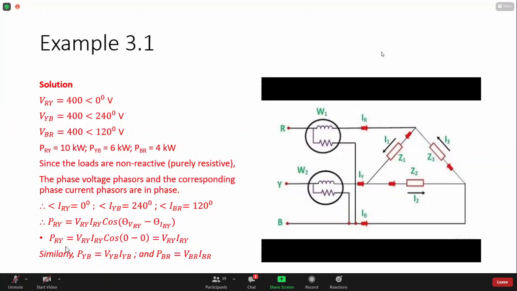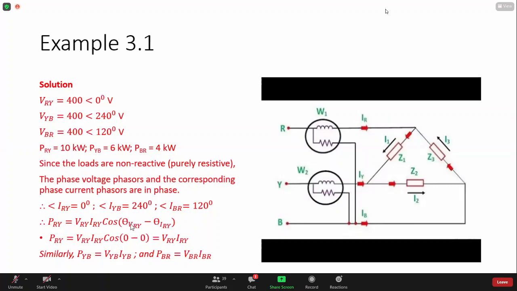And we can then write down the formula for power. We know what the formula is for power. It's VI cos theta. Remember? Power per phase is V phase, I phase, cos theta for that phase, the phase difference between the voltage phasor and the current phasor. All right. So we are being specific now when we state the phase. So it's VRY and IRY and cos of theta VRY minus theta IRY. All right.